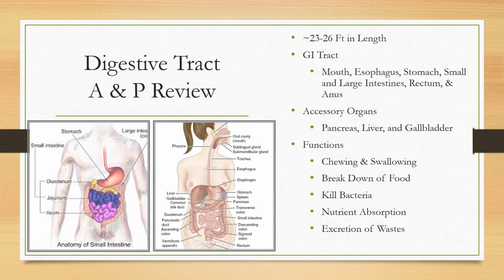In actual fact, the lymphatic system drains into what's called a thoracic duct, and the thoracic duct drains into a vein, and then that gets into your venous system.